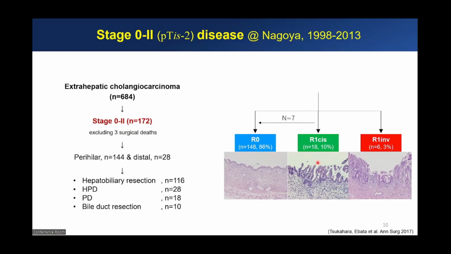R1 CIS has only 18 patients. Seven patients converted to secondary R0: the frozen section during the operation revealed a positive margin of CIS and we performed additional resection. So this was a successful R0 resection case.